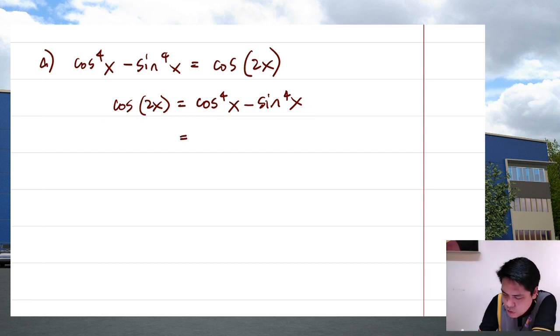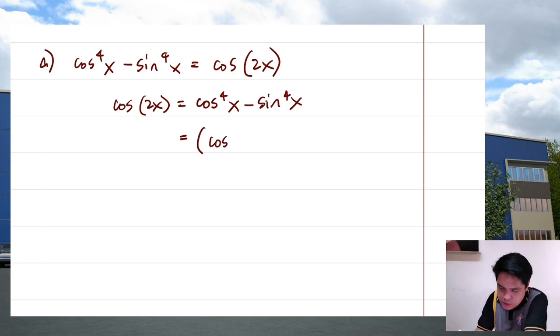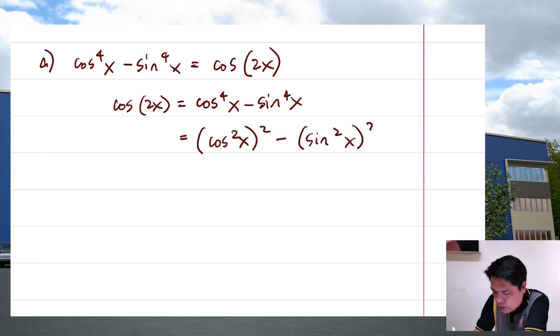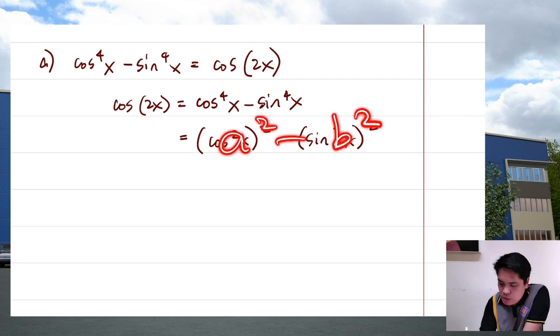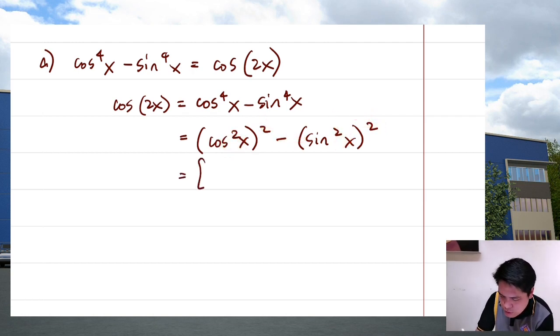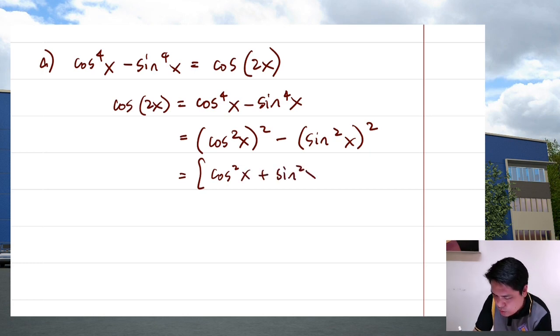Okay, now, this one, I could rewrite this as cosine squared x squared minus sine squared x squared. And if you recall, dun sa algebra, this is simply in the form a squared minus b squared, which is a special product of the sum and difference, right? So, therefore, this is just cosine squared x plus sine squared x times cosine squared x minus sine squared x.